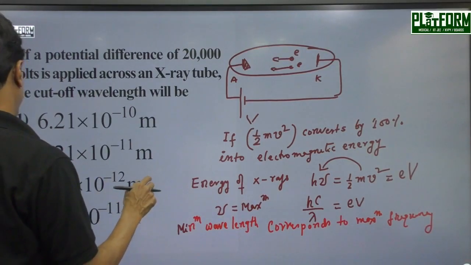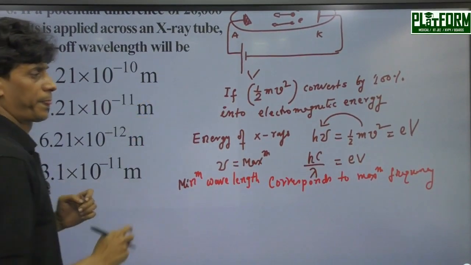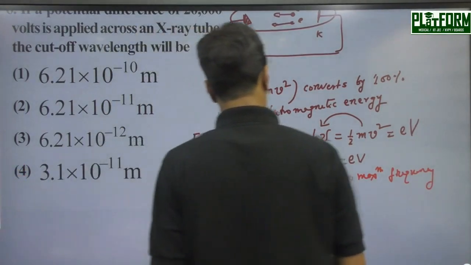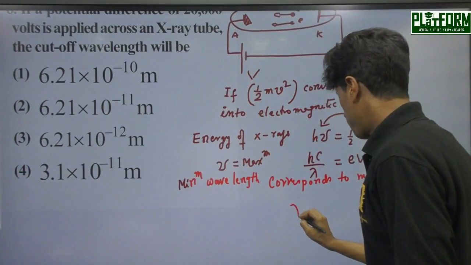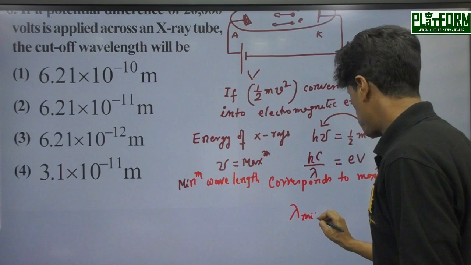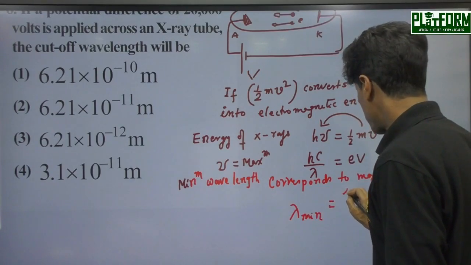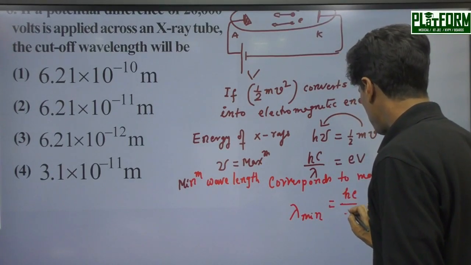So from this equation, lambda minimum equals hc by eV.